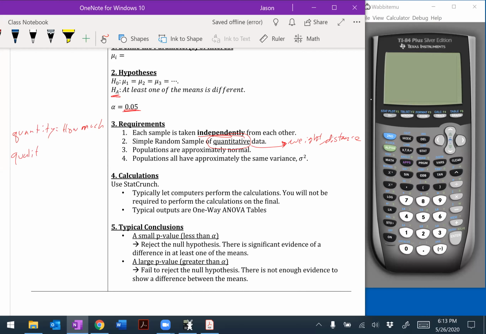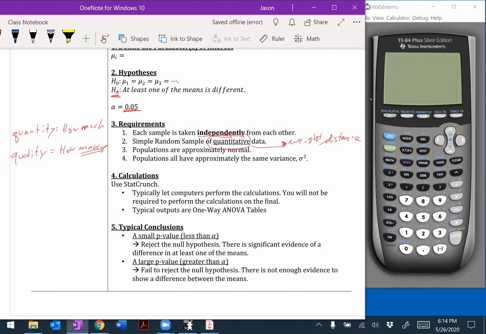Quality, we can say how many. How many of an item are there, how many of these items fit this category? That's qualitative. Quantitative is how much of something do I have? How many pounds, ounces, kilograms, miles, how many of some unit?